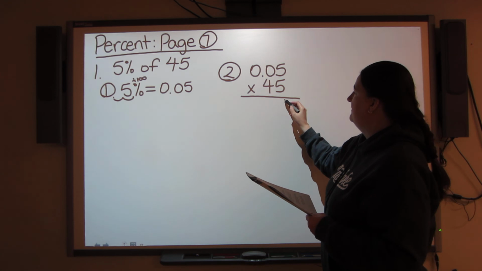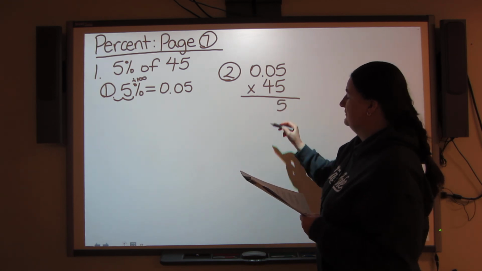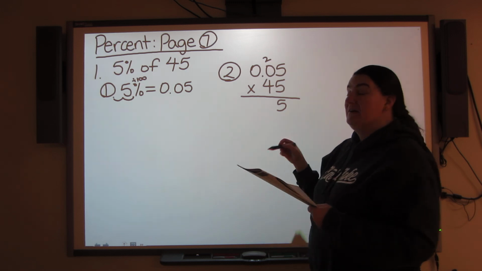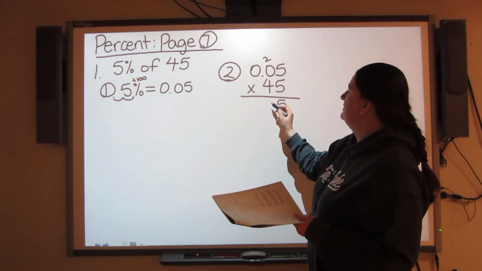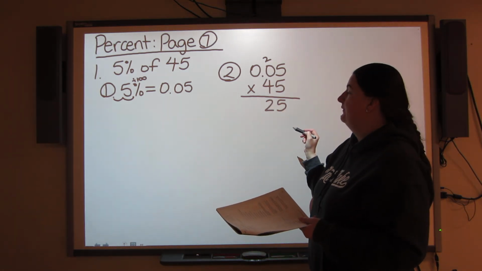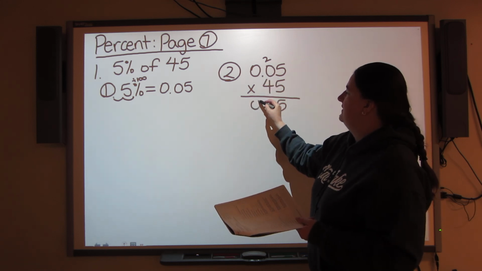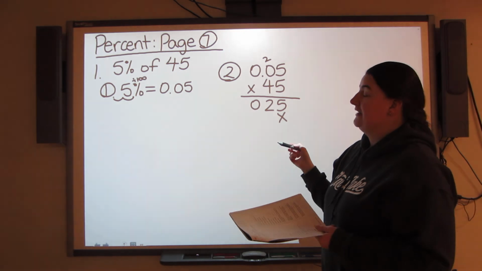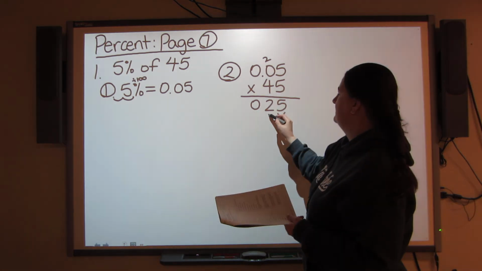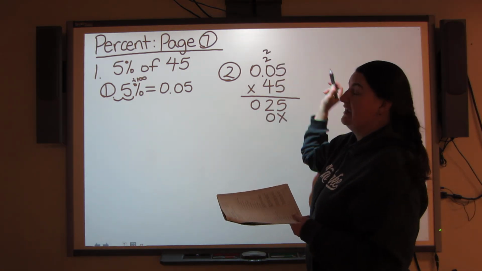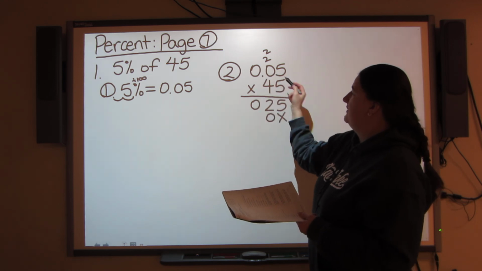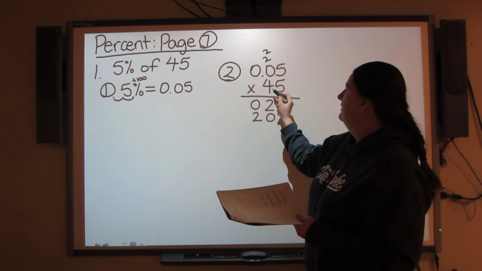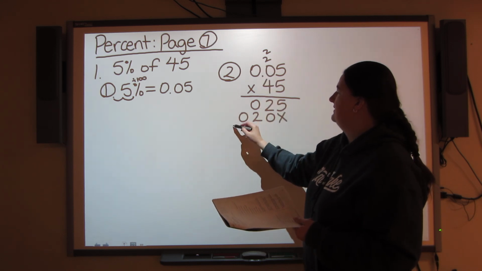5 times 5 is 25, carry your 2. 5 times 0 is 0, plus the 2 that you carried is 2. 5 times 0 is 0. Put your x and do your 4. 4 times 5 is 20. Carry your 2. 4 times 0 is 0, plus the 2 that you carried. 4 times 0 is 0.